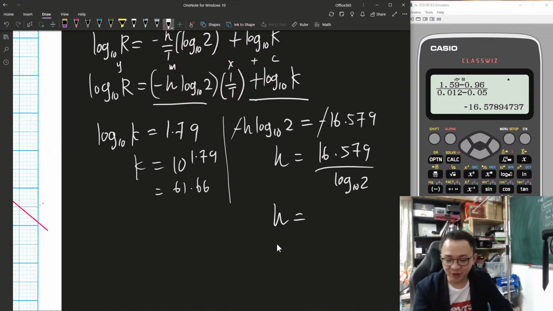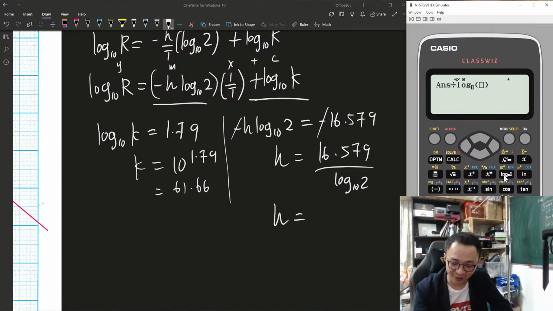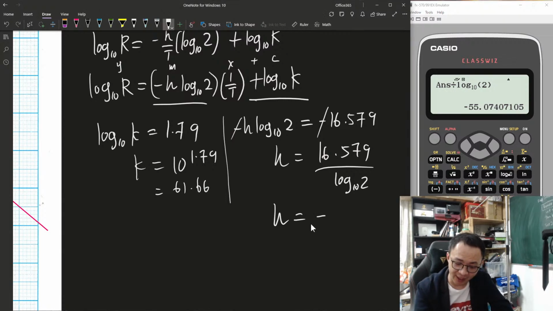So I will just use the whole answer divided by log 10 2. Okay, so it's negative 55.07 is my h value.